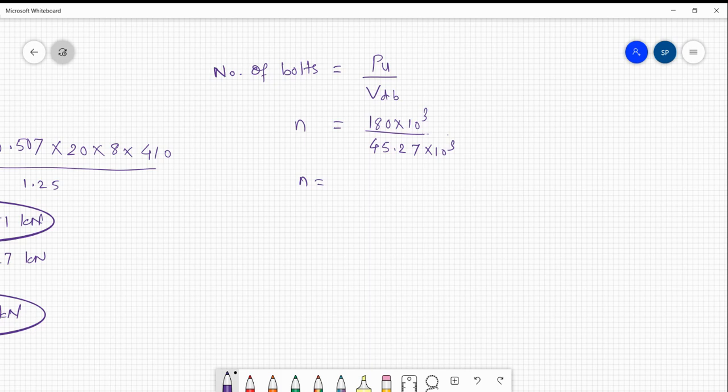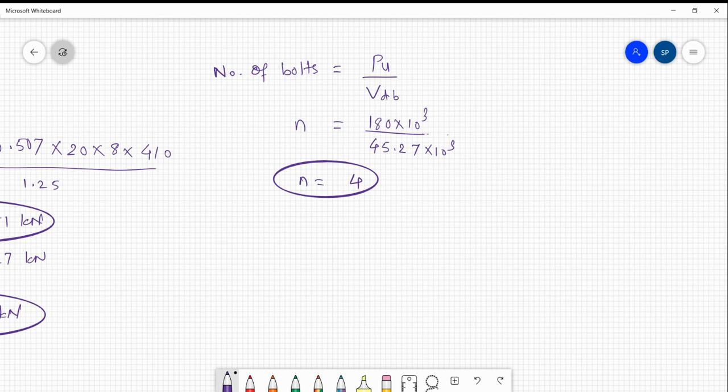Now N cannot be a fraction, you have to round it to the next value. Here you will be getting 4 point something, so that has to be rounded to 4. So the number of bolts to be added will be 4.